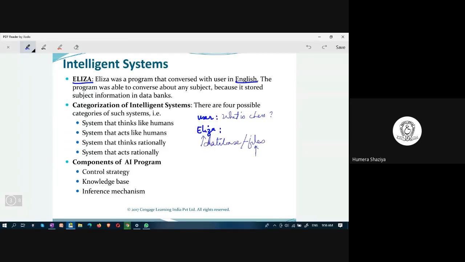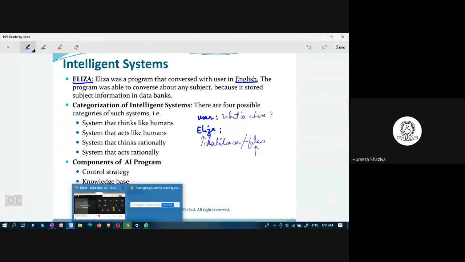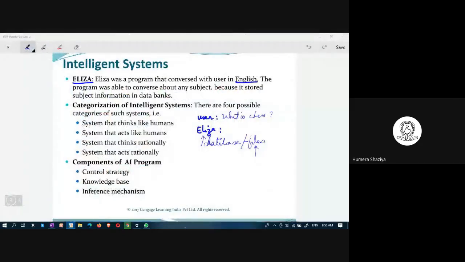But during discussion I will bring up the latest happenings as well, whatever is happening in the present market of AI, that also we will discuss. But here, categorization of intelligent systems: systems that think like humans, that act like humans, that think rationally, that act rationally. These are termed as intelligent systems.